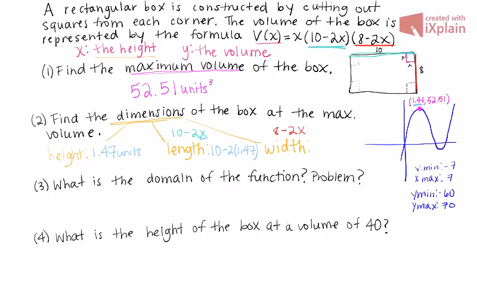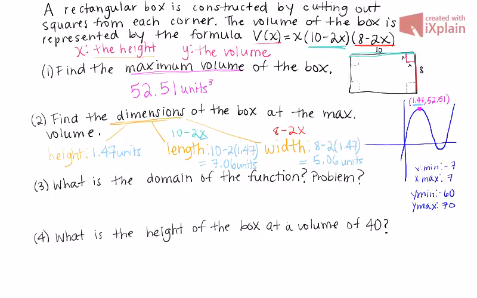When I plug that into my calculator, I get 7.06 units. So that would be the length of my box at the maximum volume. And then lastly, I'm going to do something similar to figure out the width. I'm going to do 8 minus 2 times my x value, which was 1.47. And when I do that, I will get 5.06 units.